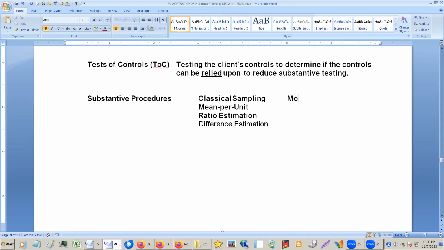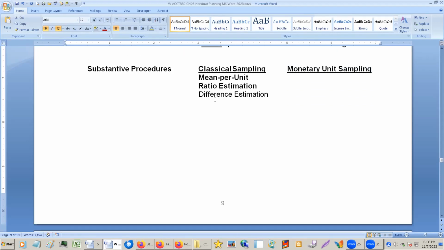It could also be our monetary unit sampling. And substantive procedures are strictly for finding quantitatively material misstatements, dollar amounts.